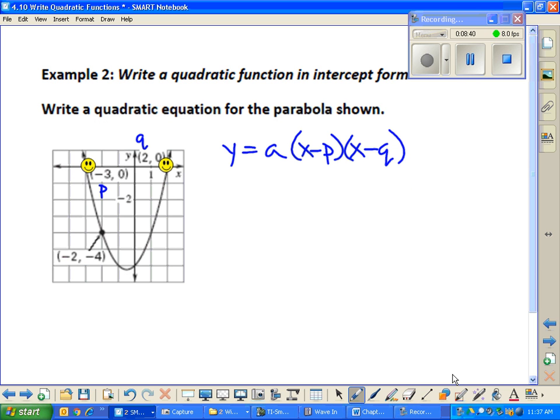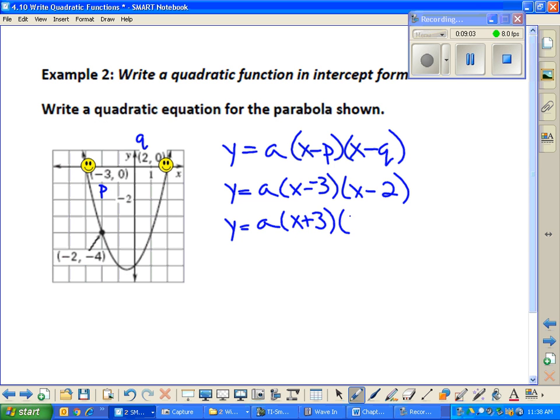So I now can take just a moment to fill in my p and my q. So I'll sub in -3 for my p, and 2 for my q. If you wanted to pretty that up for a second, you could. Minus a -3 is x plus 3.